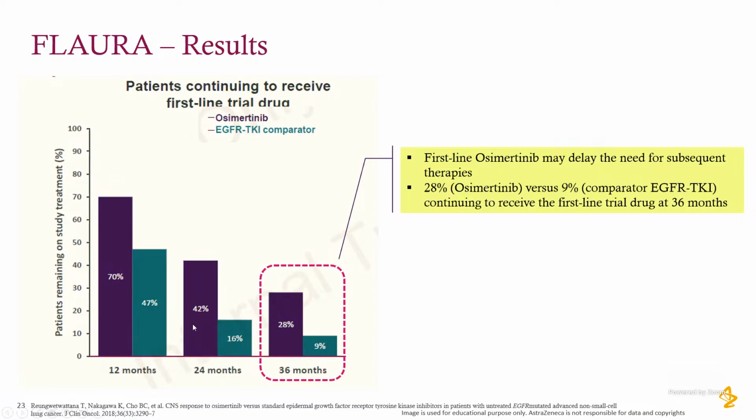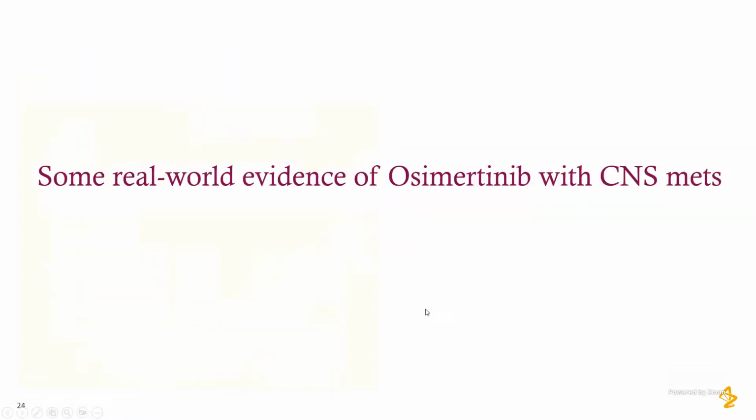After 2 years, 42% are still receiving osimertinib, and 16% continue receiving erlotinib or gefitinib. And after 3 months, 9% of patients are receiving the first generation TKI, and almost 3 times as many patients are receiving osimertinib in this FLAURA trial.